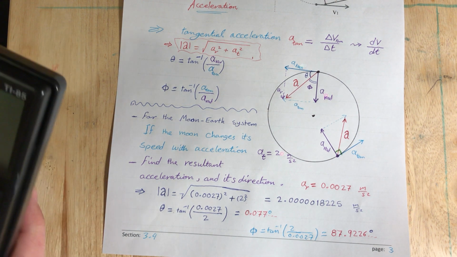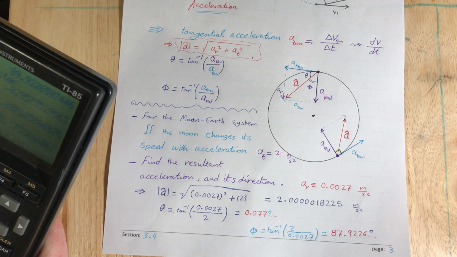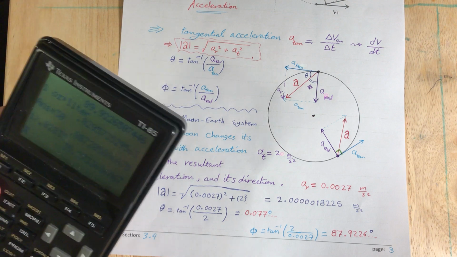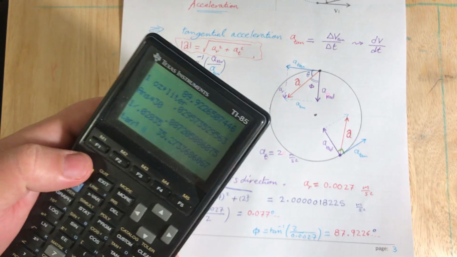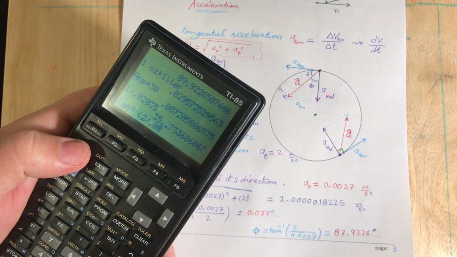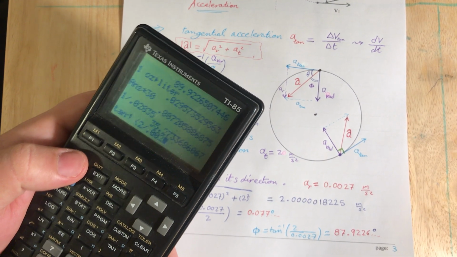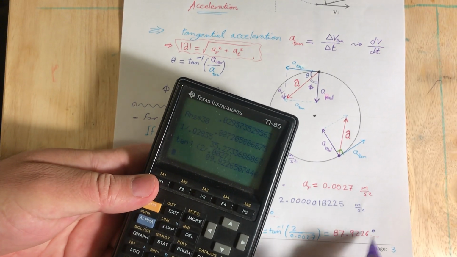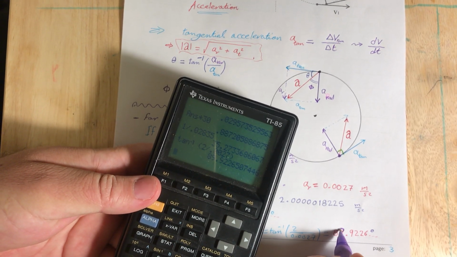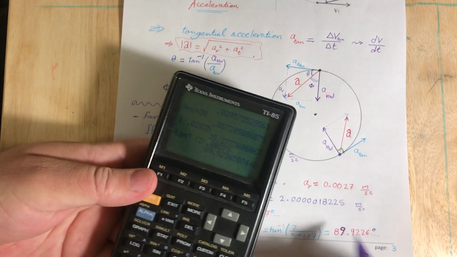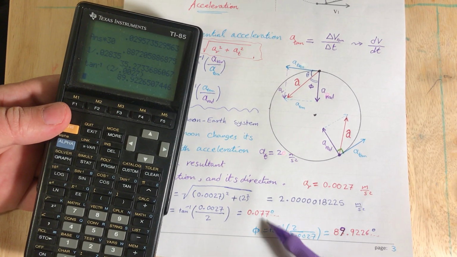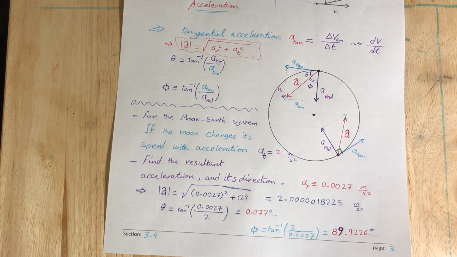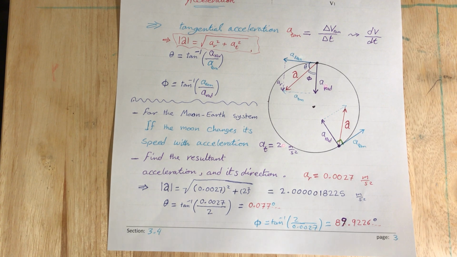It is not 87, there is a typo. It is 89, not 87, because when we add this theta and this phi together, the resultant should be equal to 90. This is the circular motion.